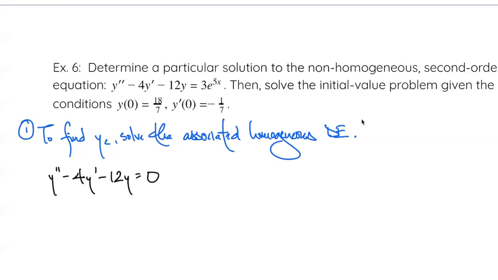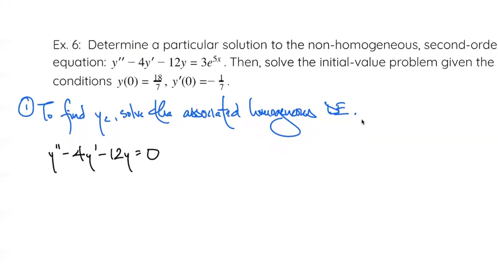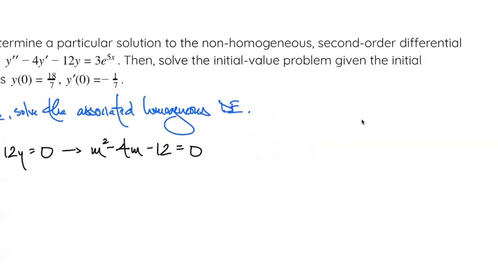Last week's discussion, I said I want you to know what the 3 different cases are. I see the constant coefficients, so I can write the characteristic equation that goes with it. We can use m or we can use the letter r. It's really up to you. But once we factor it, we'll be able to determine which of those 3 cases we will need.